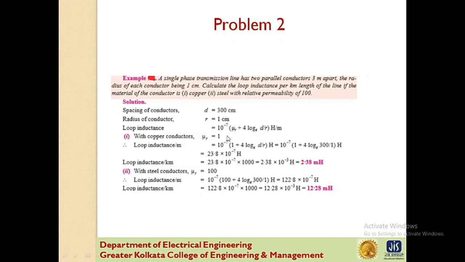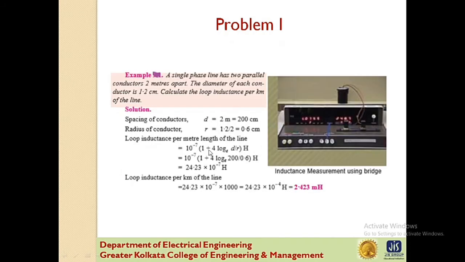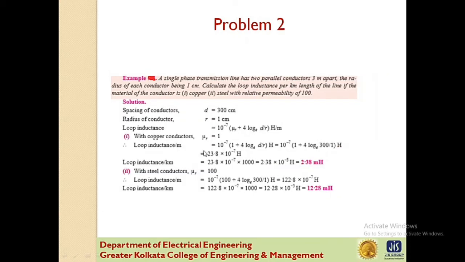In the previous formula we used 1 because it is for non-magnetic material, and for copper, a non-magnetic material, μr is 1.